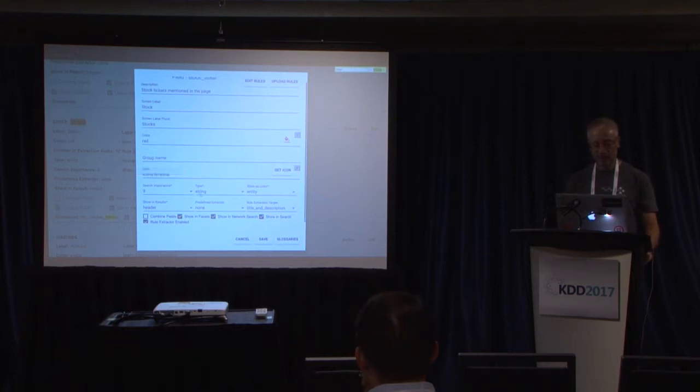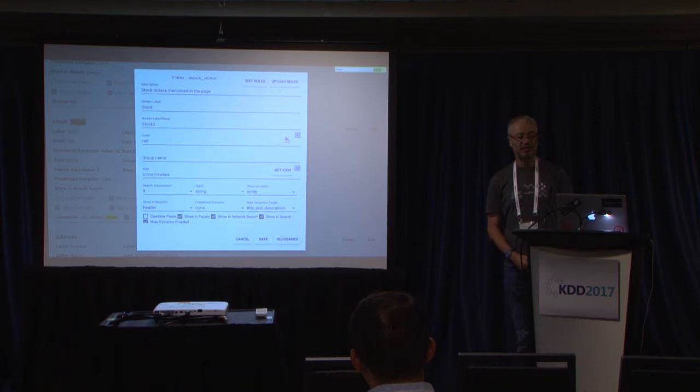You can say what type it is. The system currently has very few types: strings, dates, emails, locations, phones, usernames. So these are basically predefined classes in our ontology. You can tell it that you want this extraction to be an entity or just text.